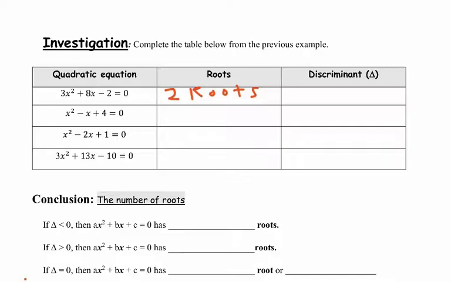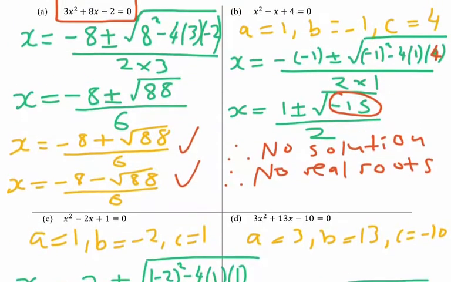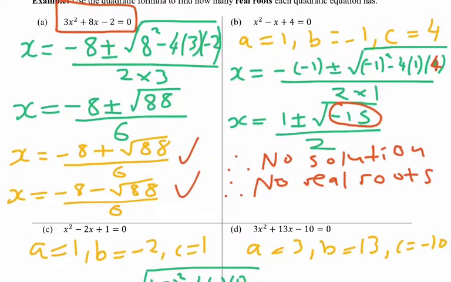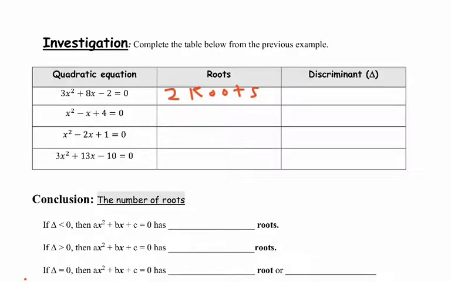Now, what about the next one? X squared minus x plus 4, if we go back to that, that's got no roots. Okay, next one, x squared minus 2x plus 1.